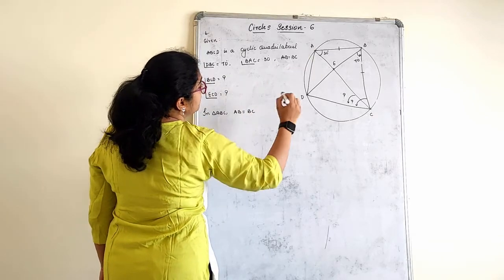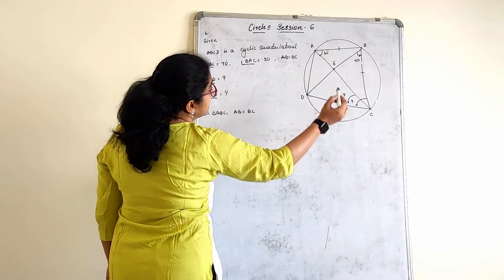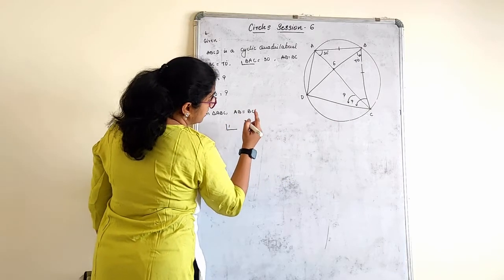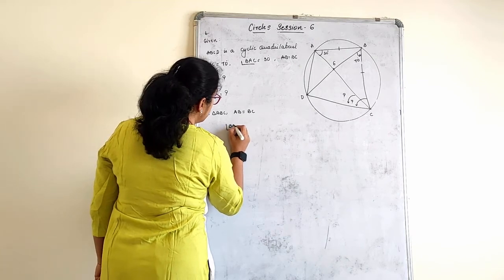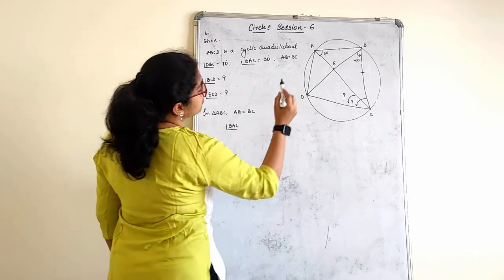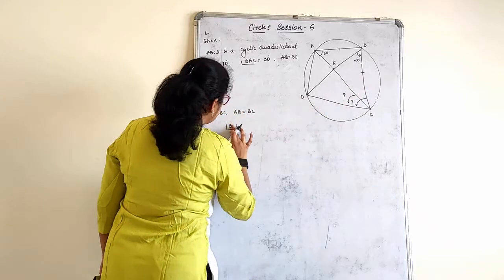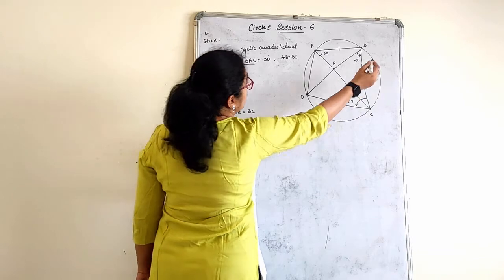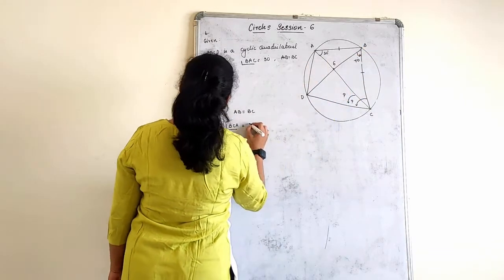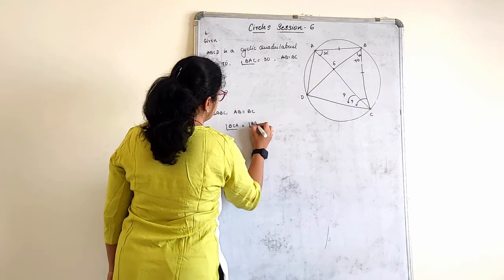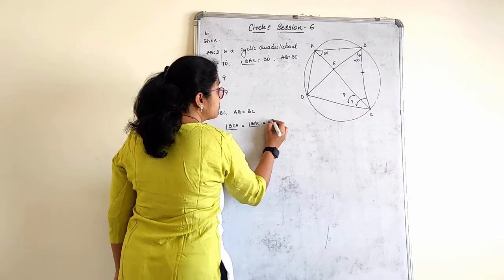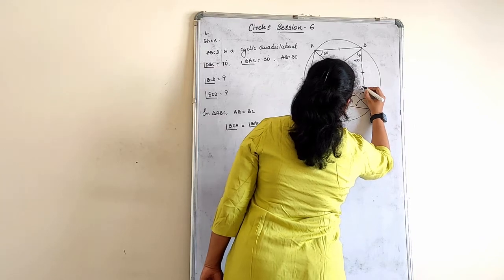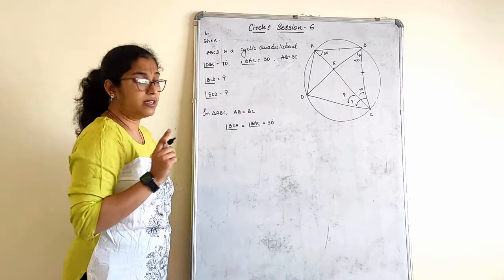With respect to AB, angle BCA is equal to angle BAC, that is equal to 30. So this angle will become 30. Always use these arrow marks, easy to understand here.